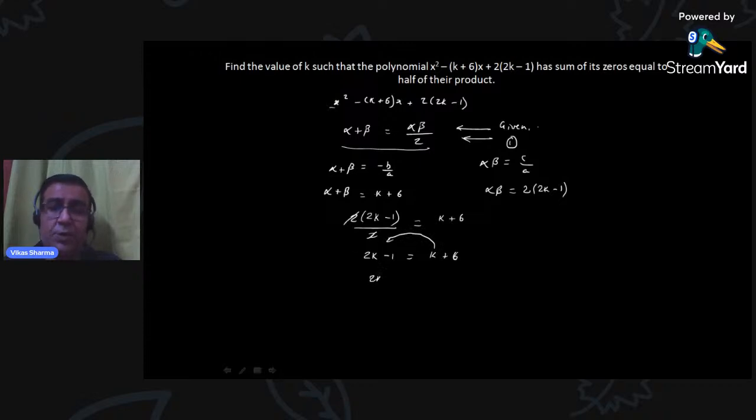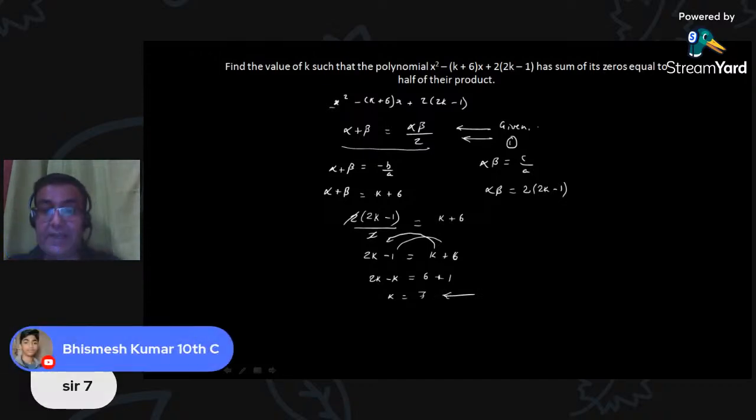So we get 2k minus k, and minus 1 will go to the other side, so that should be equal to 6 plus 1. So 2k minus k is k and 6 plus 1 is 7. So actually k should be equal to 7. That's the correct answer. Okay, now you have corrected it. That answer is 7. Very good.